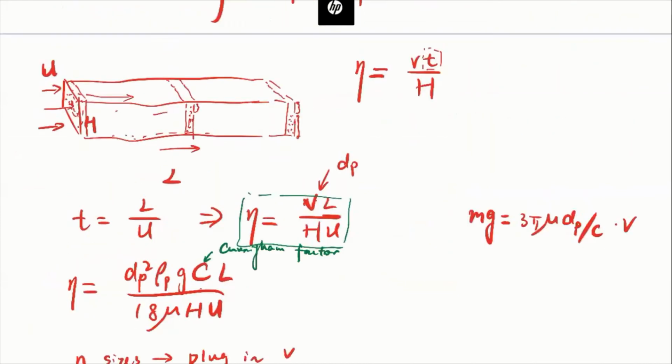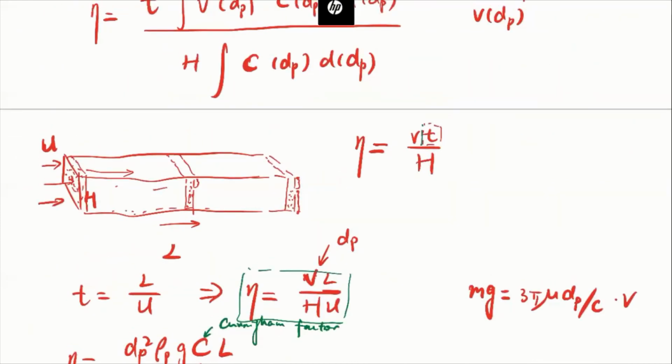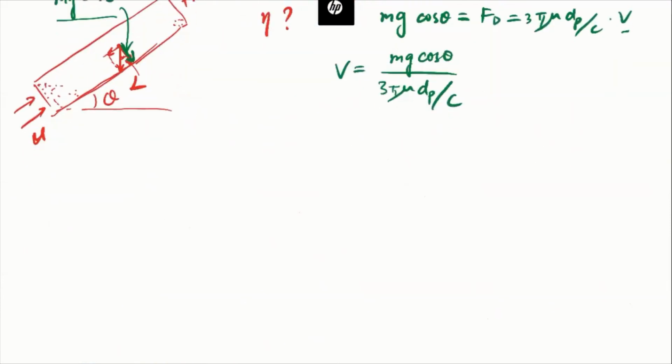But if you notice here, the time that the particles spend in the duct is also different, right? Because although the particles will follow the flow, there's also a force that's trying to pull the particle down, basically the other factor of the drag force. And we know that this factor is mg sine theta.